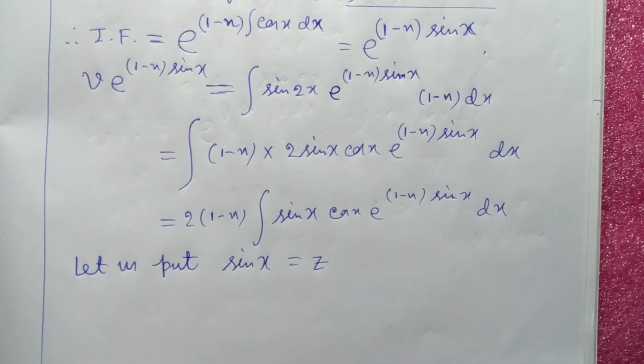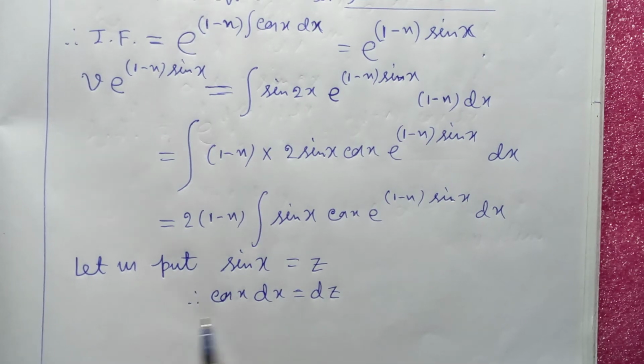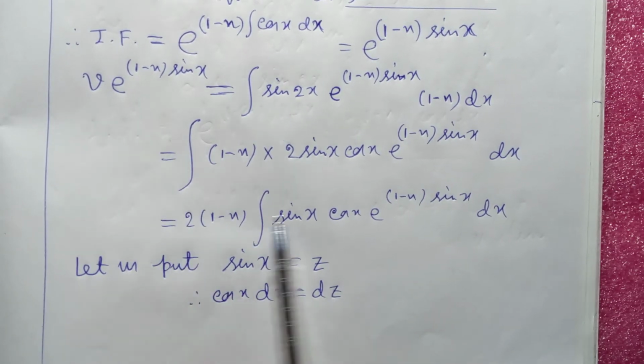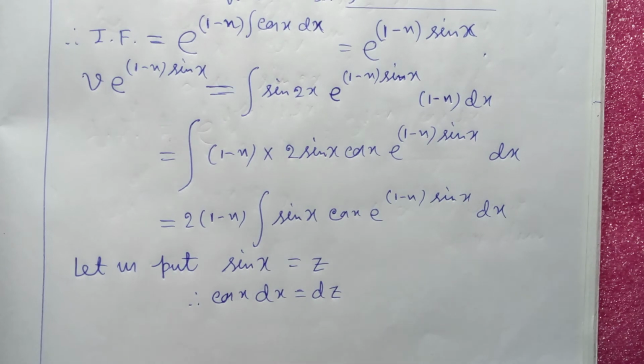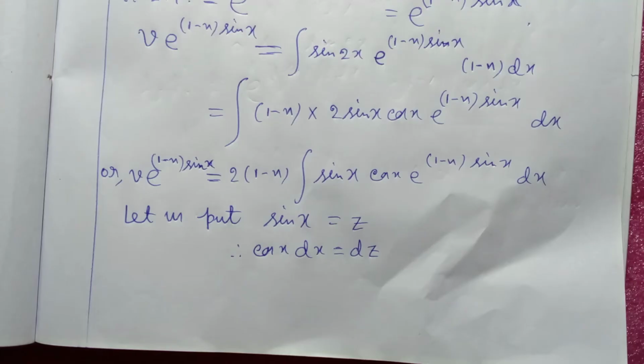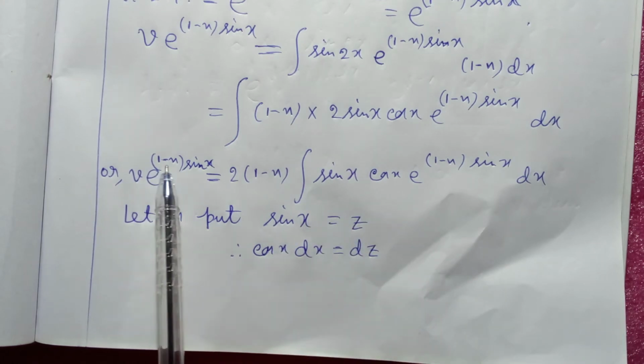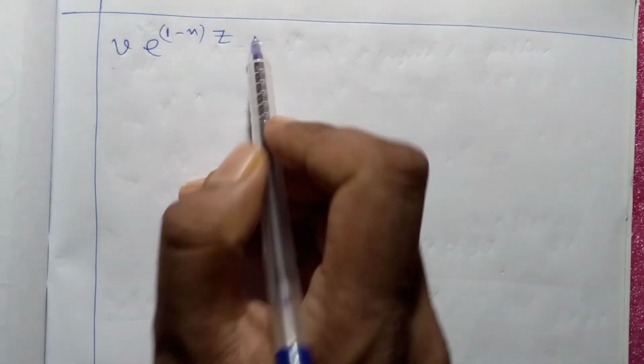Let us put sin x is equal to z. Therefore, cos x dx is equal to dz. Putting this in this equation, we get sin x is equal to z, therefore v e to the power 1 minus n into z. We got this thing in the left hand side.